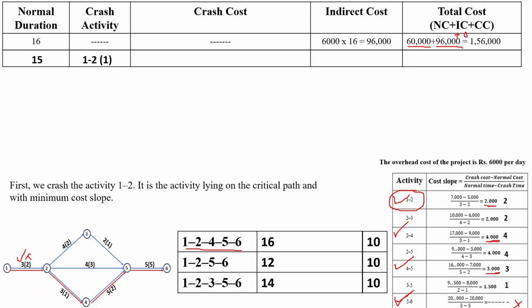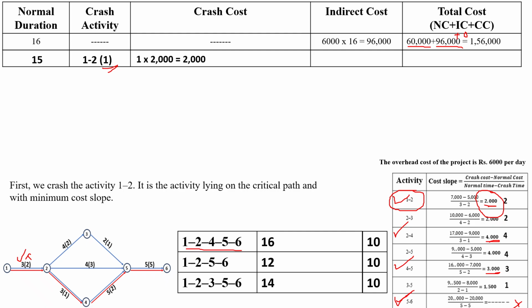Crashing cost is cost slope into number of days. Here the cost slope is 2000, and we are reducing only 1 day, so crashing cost is 1 into 2000, which is equal to 2000.